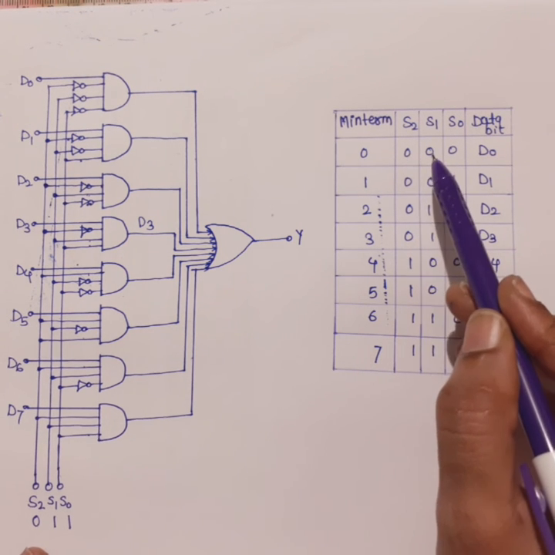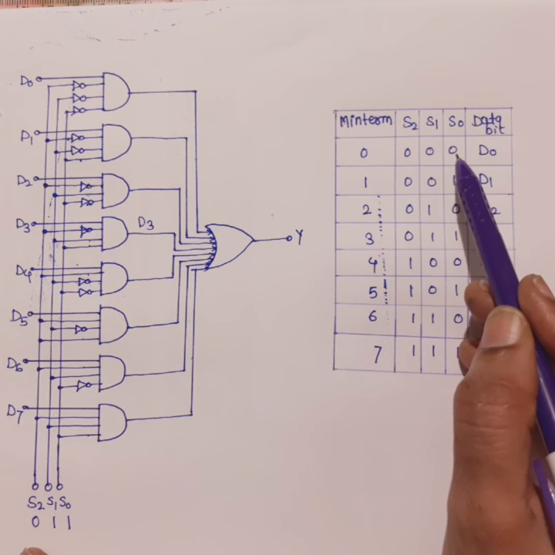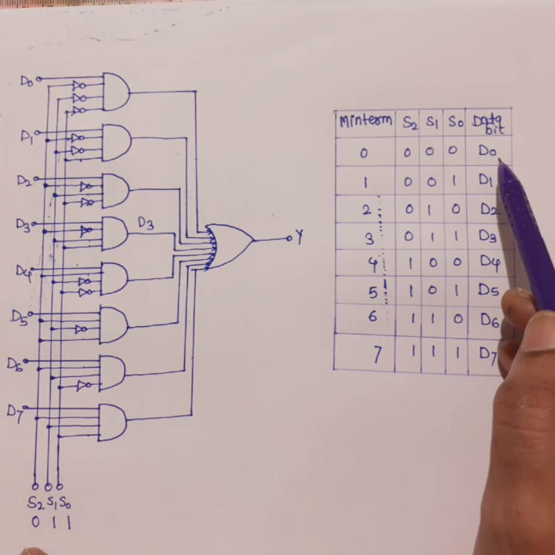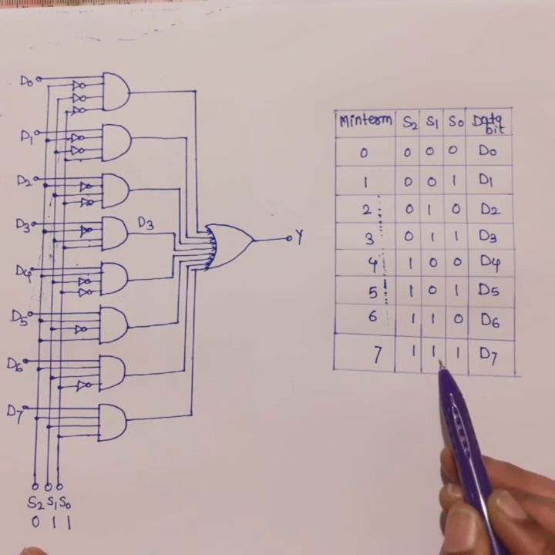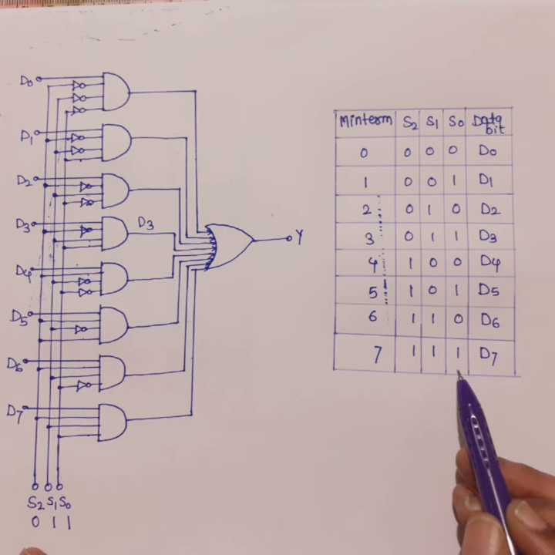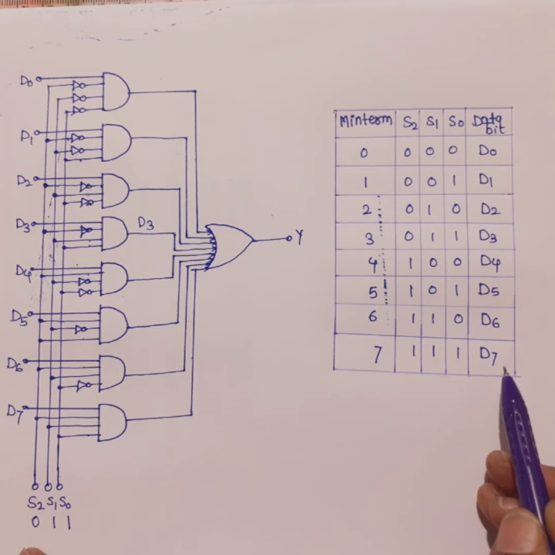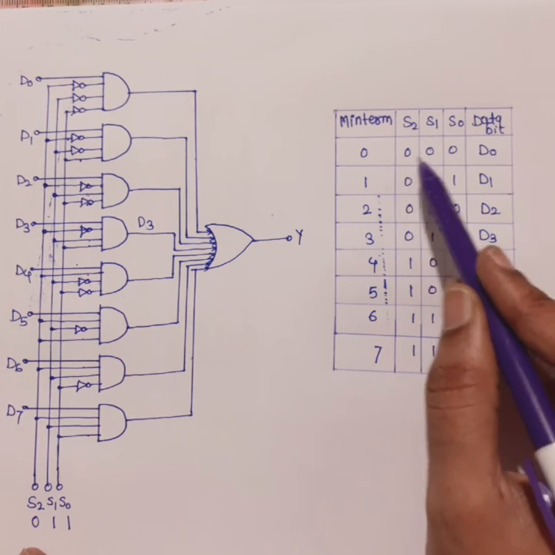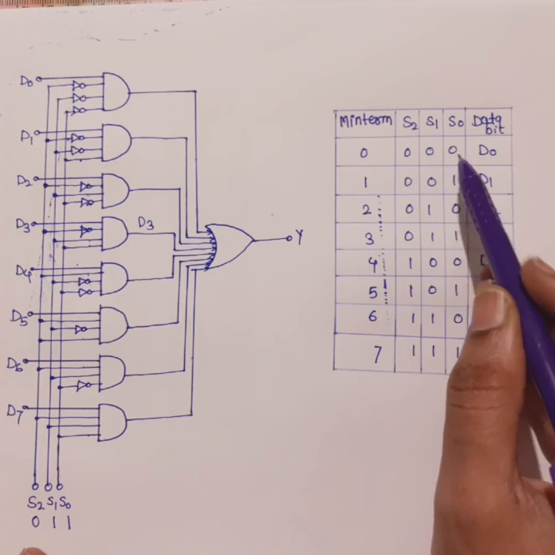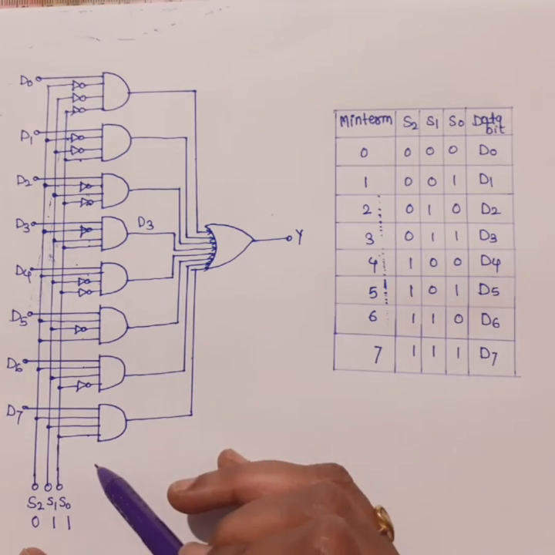When S2 is 0, S1 is 0 and S0 is 0, the D0 bit is expected to be selected from the multiplexer. For 1, 1, 1, when S2 is 1, S1 is 1 and S0 is 1, the D7 bit must be selected. So the binary representation of these minterms can be used to provide the connections to each AND gate.